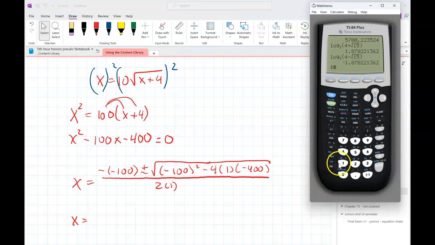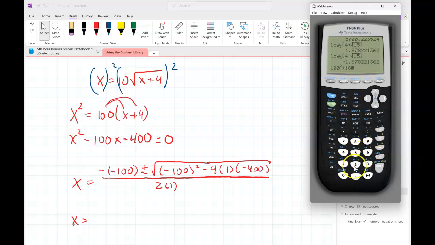All right, so we have 100 squared plus 1600. That's that number, which is not a perfect square.